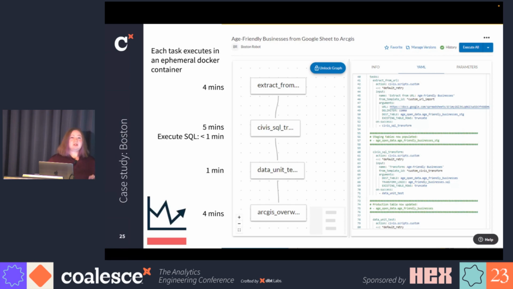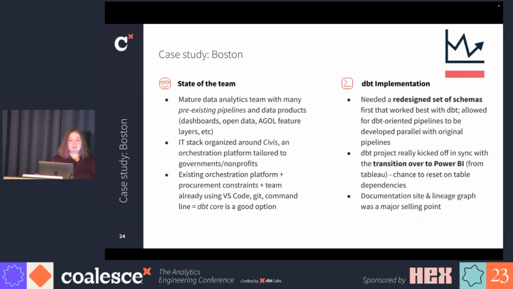So there's huge room for improvement by implementing DBT, because we're going from this project-oriented structure to all of our transformations and data unit tests for all projects running in one single task, which also necessitates a few other redesigns.